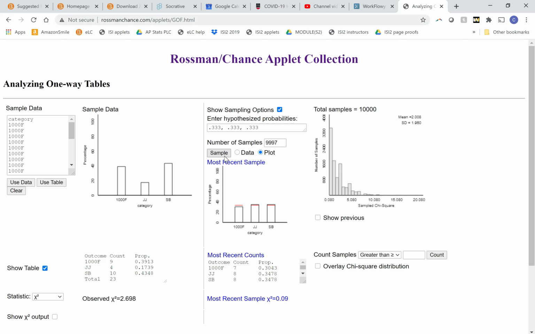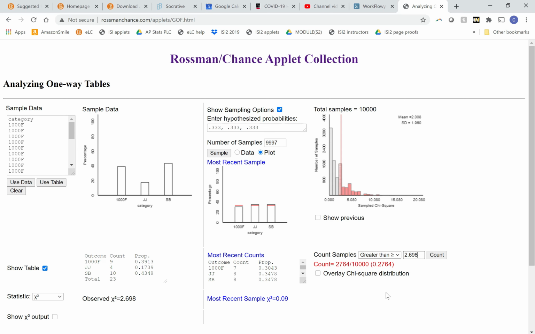So if we look at this null distribution, we can see that our statistic doesn't seem to be that unusual. It actually seems to be fairly close to the middle here. And we can count and see how often we get values greater than our chi-square statistic, 2.698.